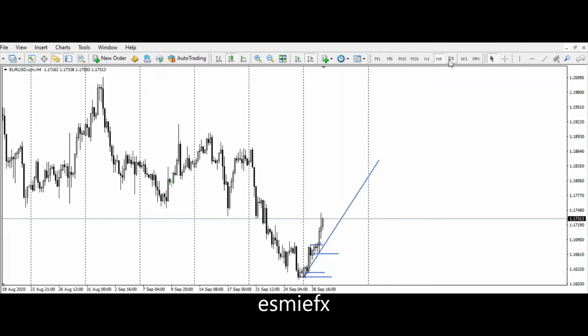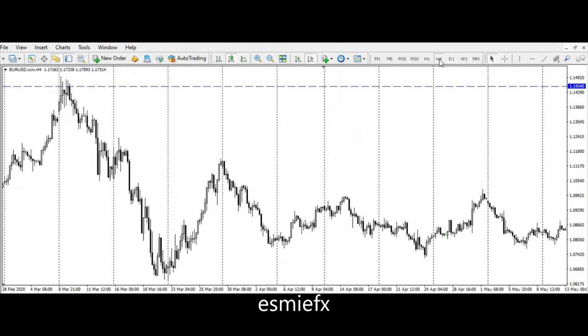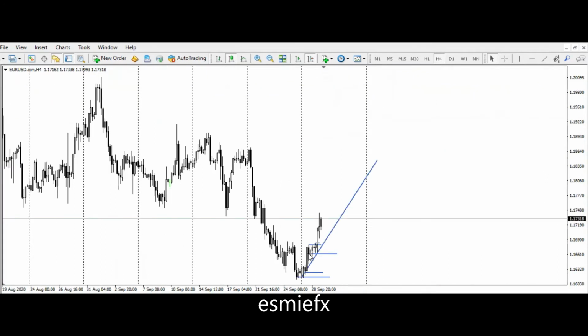On the higher time frame, it looks like it is still down here. It is just a retracement, so we will see how price unfolds, because as long as price respects my trend line, then it's still a buy. If it breaks and then gives a bit of retracement, then it's a sell.